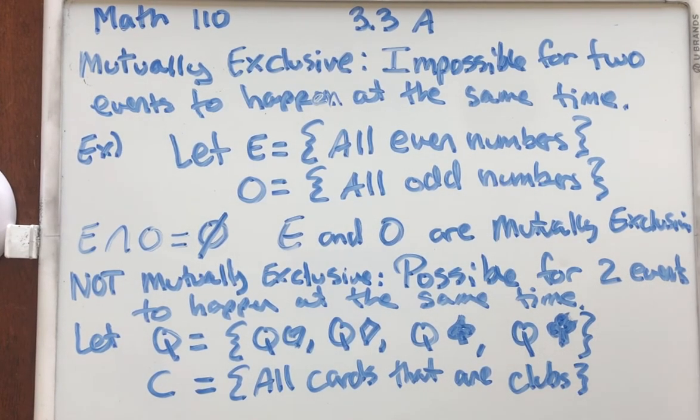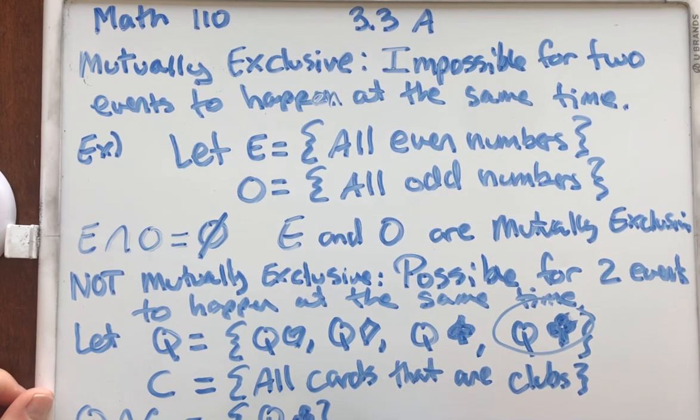Okay? All right. Can we take an intersection? Is it possible to have a queen and a club at the same time? Well, of course, we have a Queen of Clubs. So that would be the set with the Queen of Clubs in it. Okay, so is this mutually exclusive or not mutually exclusive?